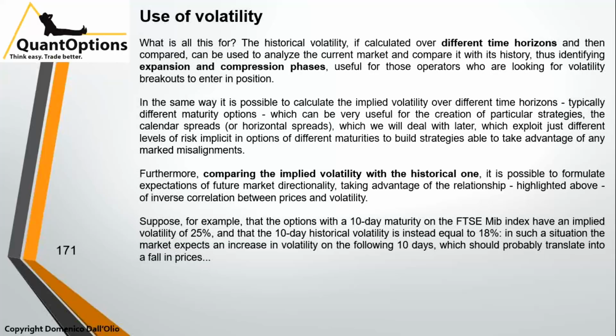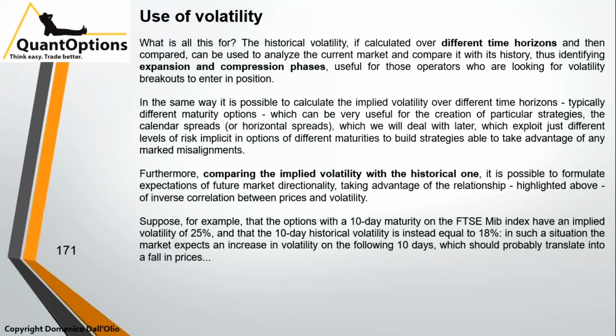In the same way, it is possible to calculate the implied volatility over different time horizons, typically different maturity options, which can be very useful for the creation of particular strategies, such as calendar spreads. Furthermore, comparing the implied volatility with the historical one, it is possible to formulate expectations of future market directionality, taking advantage of the relationship highlighted above of inverse correlation between prices and volatility.